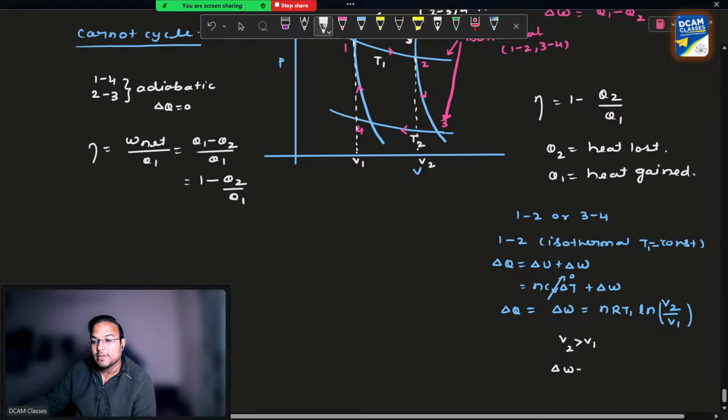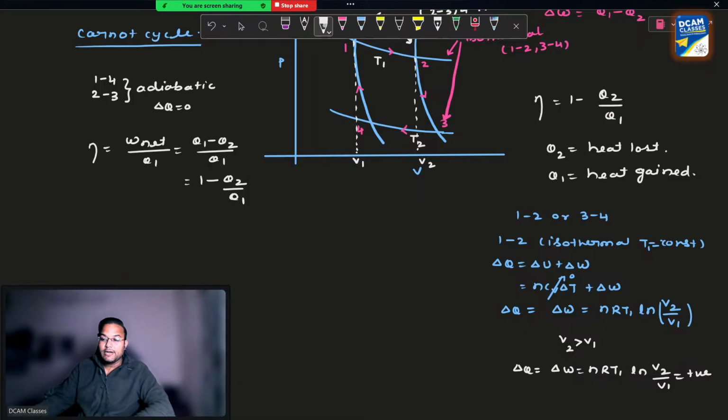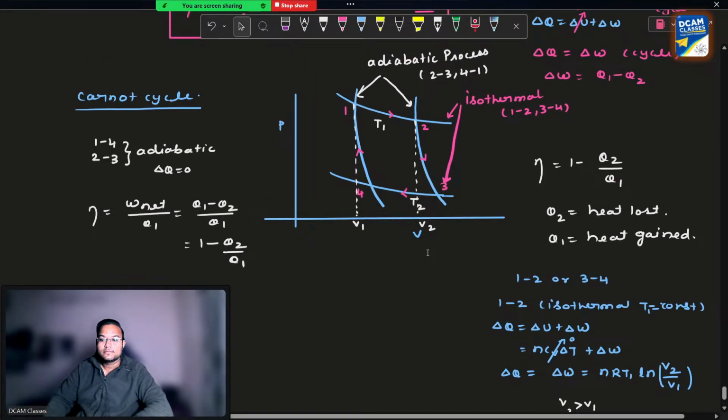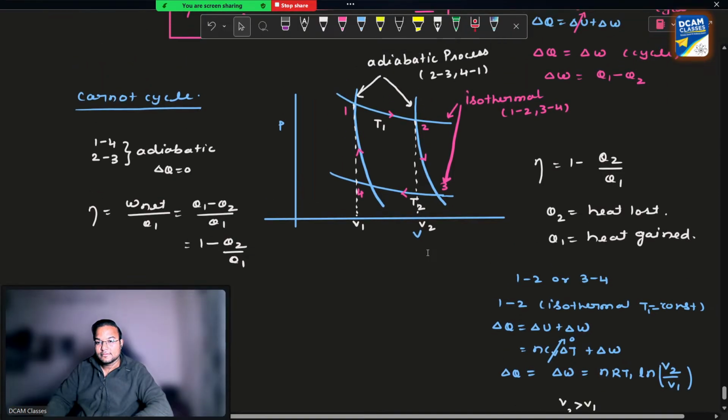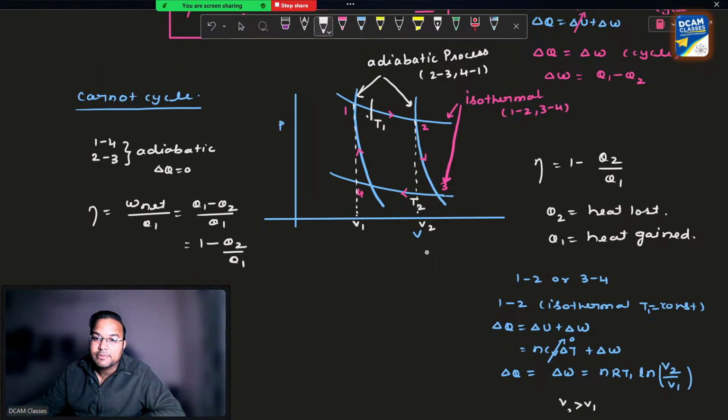So delta W, nRT1 log V2 by V1, will be positive. That is delta Q. So the value of delta Q is coming positive. That means it's absorbing. Now you understand? Yes, sir. The heat is being absorbed here, Q1.